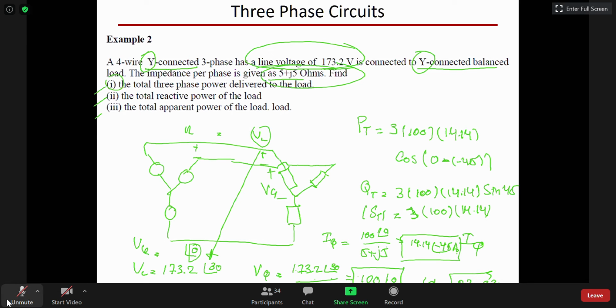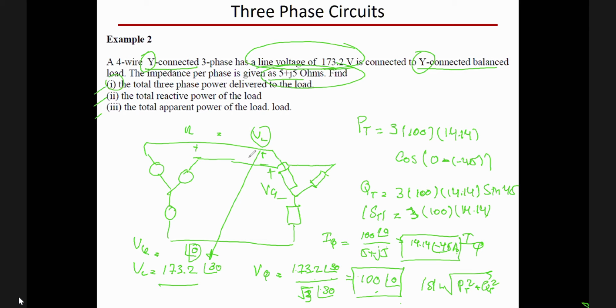Of course, we can solve the same problem using single phase representation. It's basically doing the same thing, right? What if you use the line voltage directly to find the line current and use the equation for the line? Yes, that's the same thing. You get the same final answer.